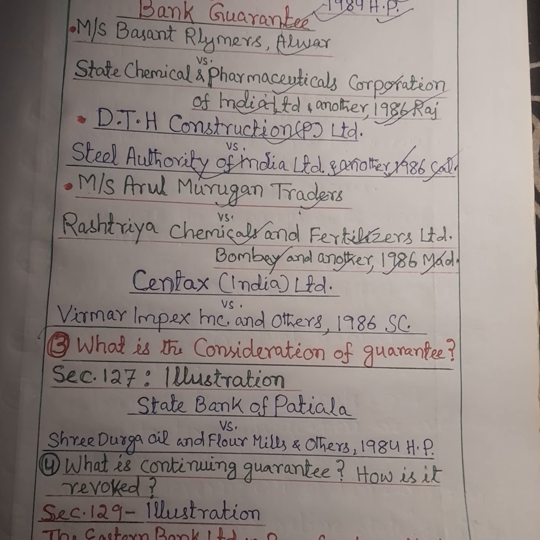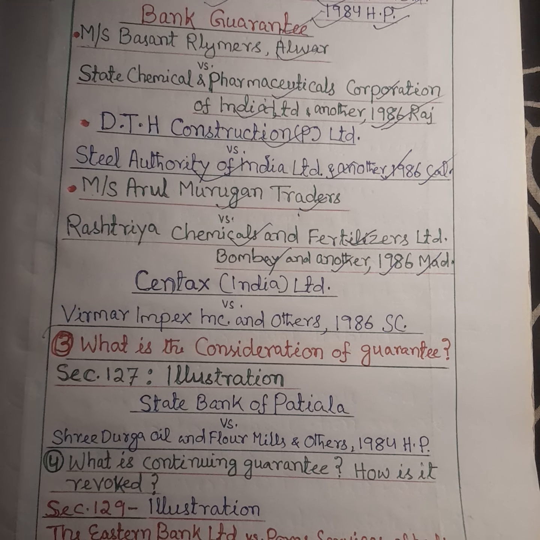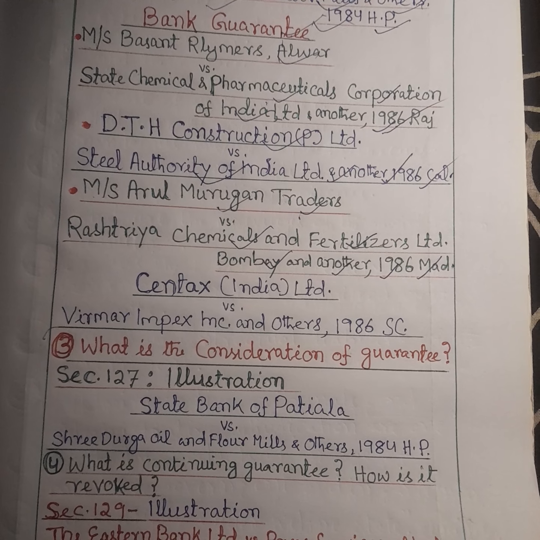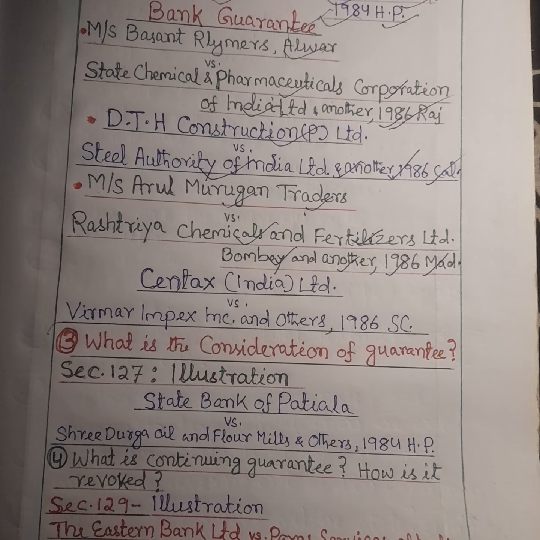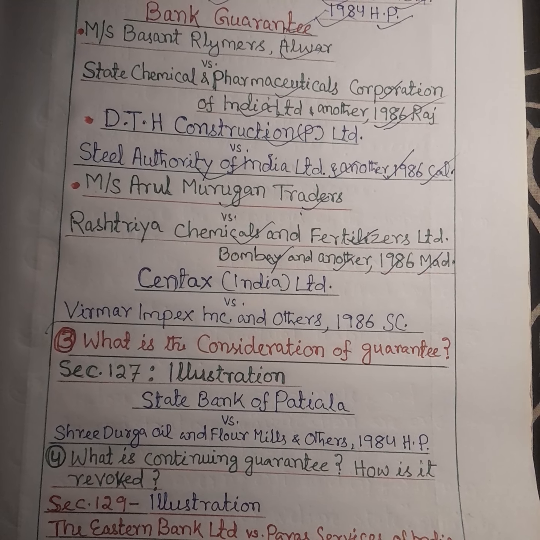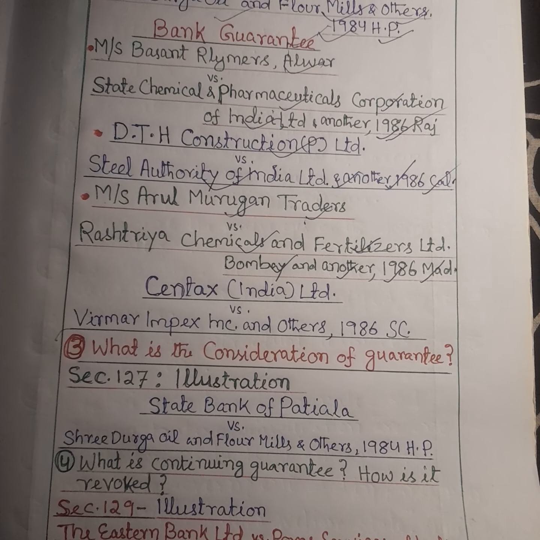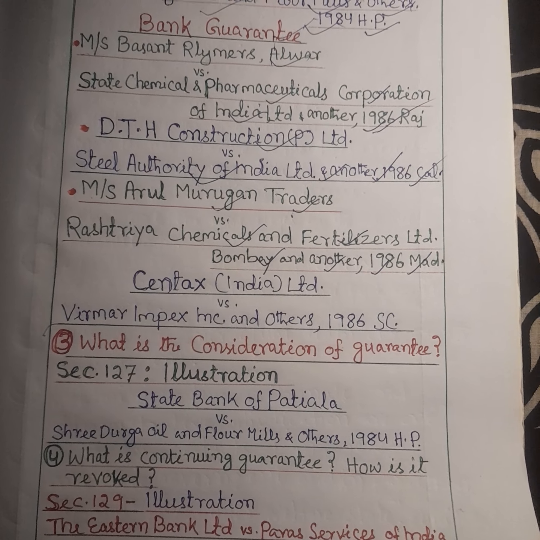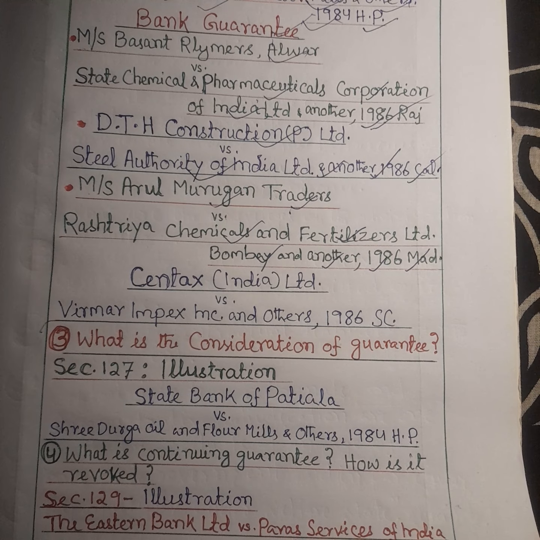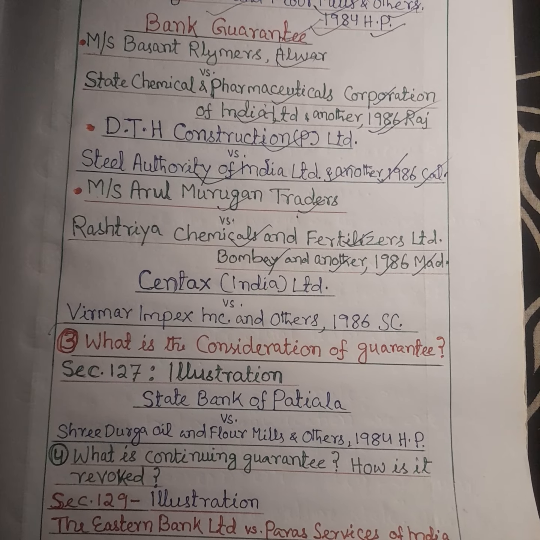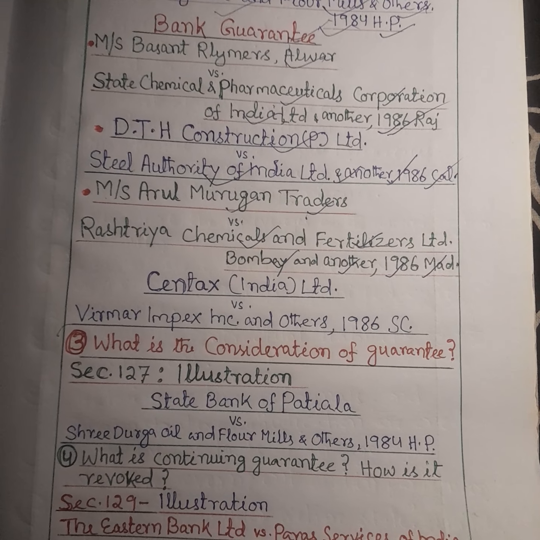If the element of fraud exists, then the courts step in to prevent one of the parties to the contract from deriving unjust enrichment by invoking bank guarantee, as it was decided in M.S. Arul Murugan Traders versus Rashtriya Chemicals and Fertilizers Limited, Bombay, and another in 1986 by the Madras High Court.